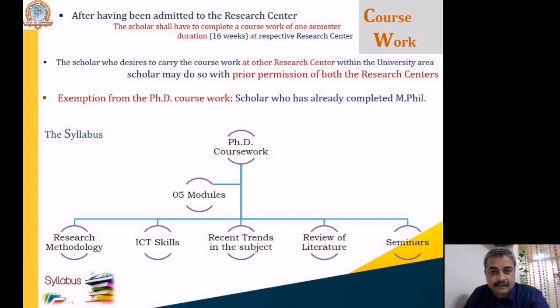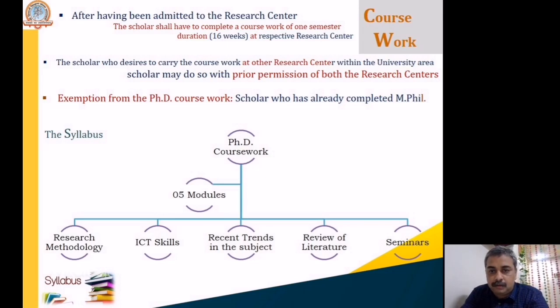at the research center. But if you are interested in completing the course in some other research center, then the university will permit you if you have a no objection certificate from both the research centers. That is, one where you are admitted and one where you are thinking to complete the pre-PhD course.